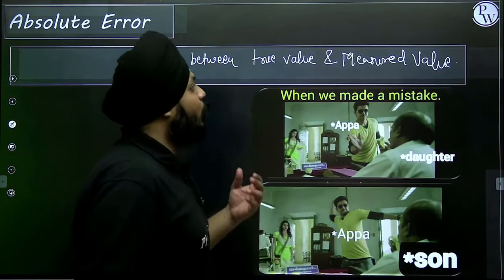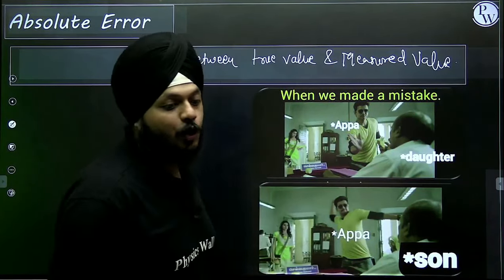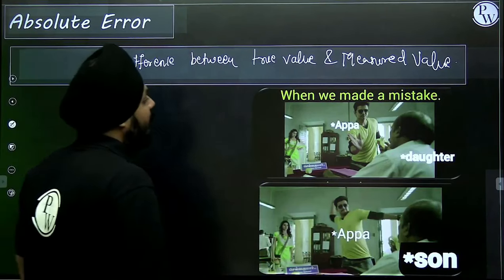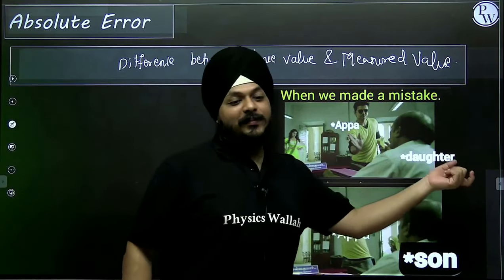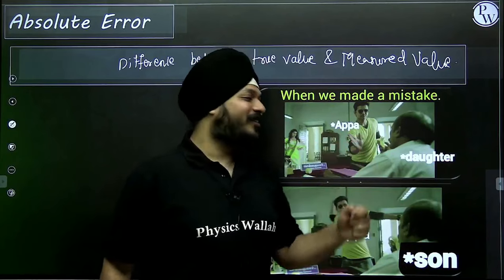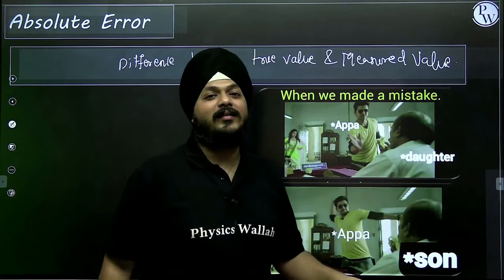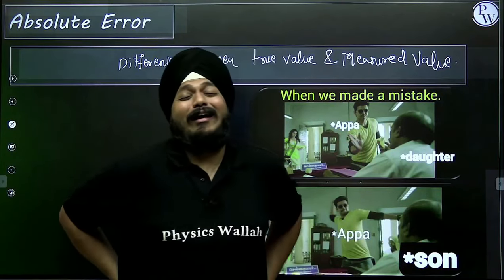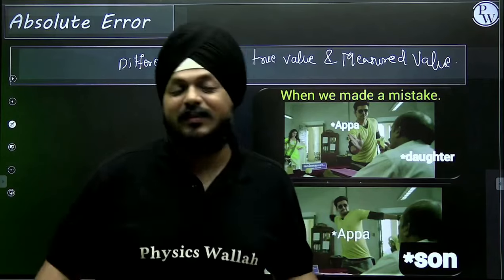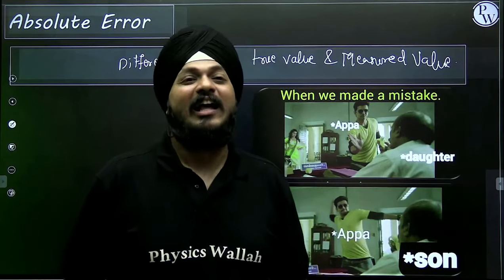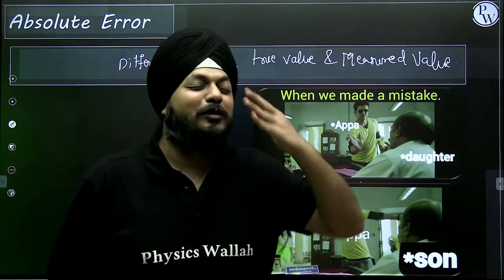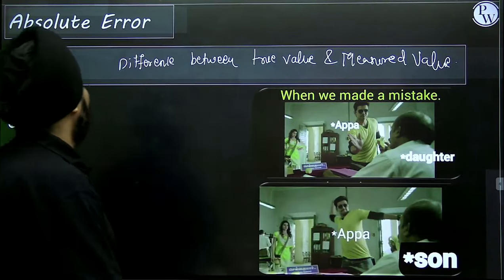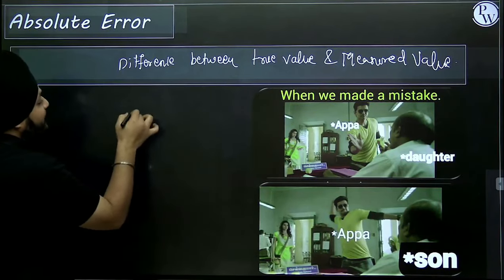The difference between the true value and the measured value, that is an absolute error, right? When the daughter makes a mistake, appa. When the son makes a mistake, appa. Right? So this one is absolute error.